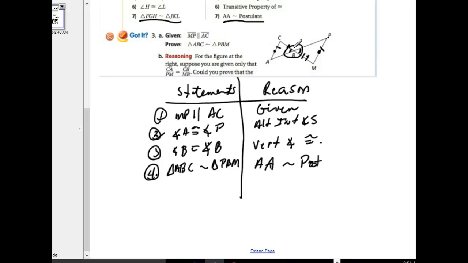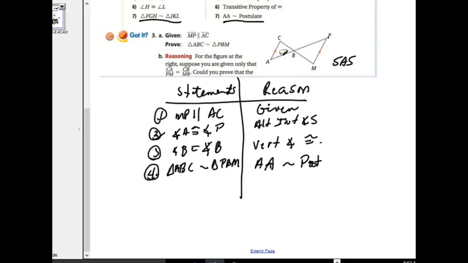Now, if the angle had been between them, like angle C or angle M, because that's between the two sides that are proportional, we could have proved it by side, angle, side. But the only angle we know is B, and B is not between the two proportional sides that we've been given. I know that might sound a little confusing, but that means we don't have enough information.